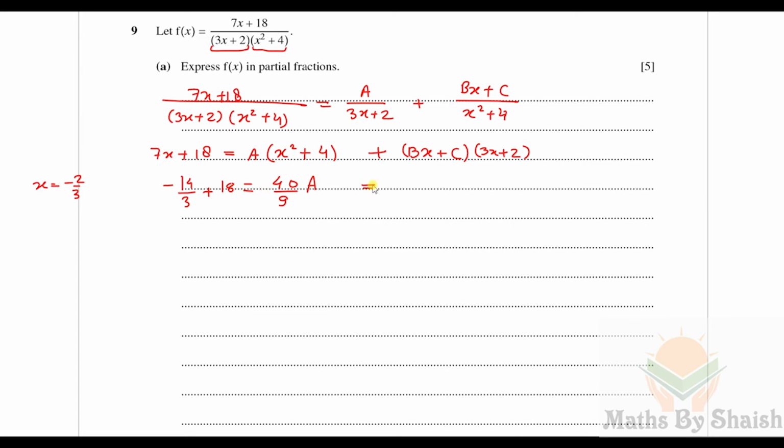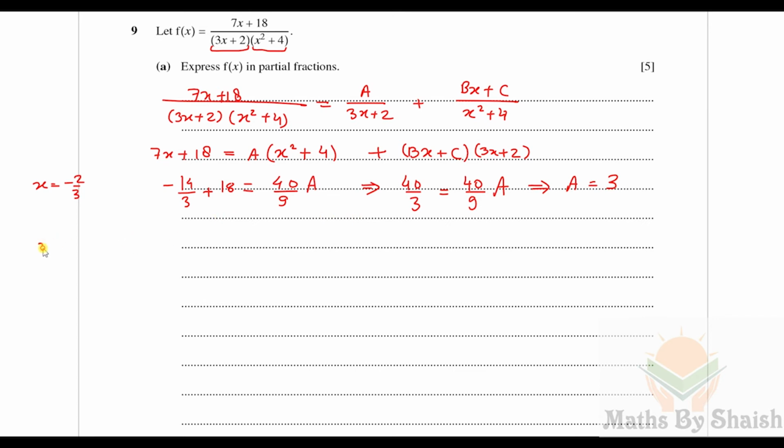Now we calculate minus 14 over 3 plus 18, which is 40 over 3, and the right-hand side is 40 over 9a, so we cancel and we get a equal to 3.